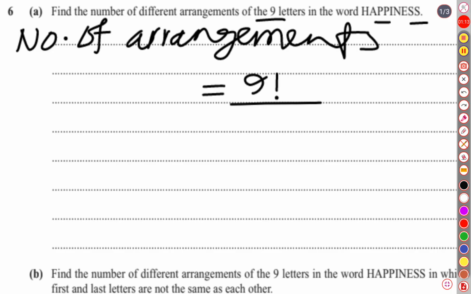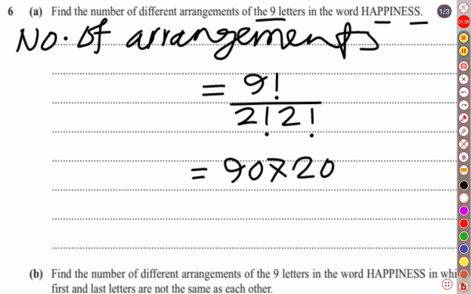So let us divide by 2 factorial for p and another 2 factorial for s's. If we use our calculator for finding the result, 9 factorial over 4 is equal to 90720. That's all about the simplest of all questions of this paper.